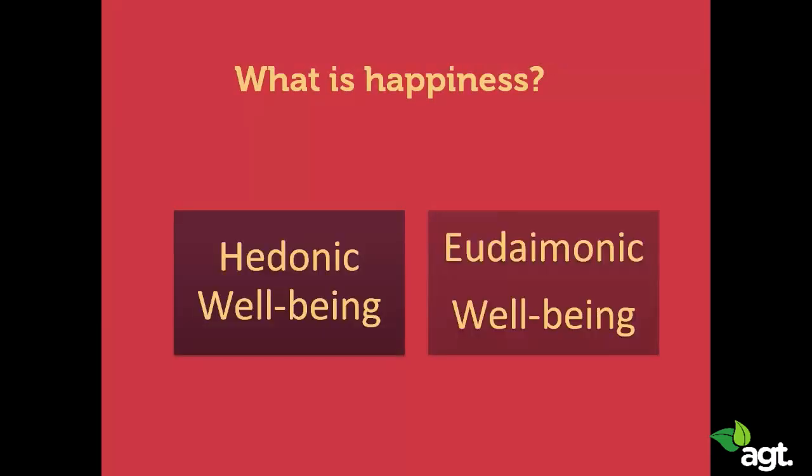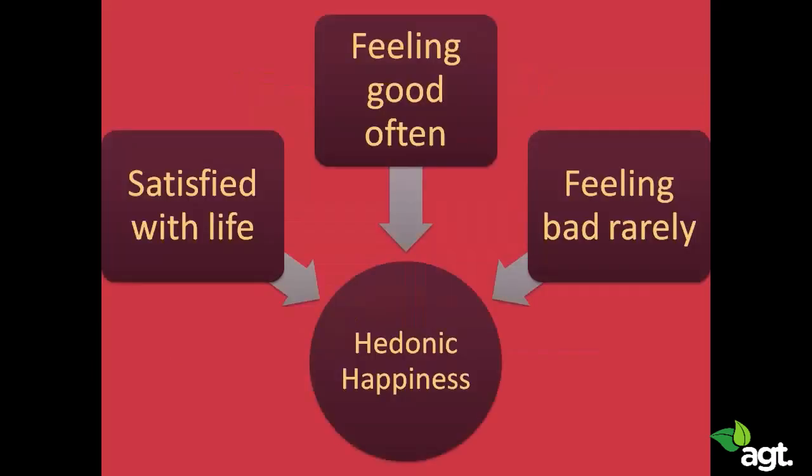In research, psychologists distinguish roughly between two different understandings of happiness. First, we will look at hedonic happiness. Happiness from this perspective is simply feeling good and being satisfied with one's life. There are three factors which influence it: how satisfied we are with our lives, how often we feel good, and how often we feel bad.